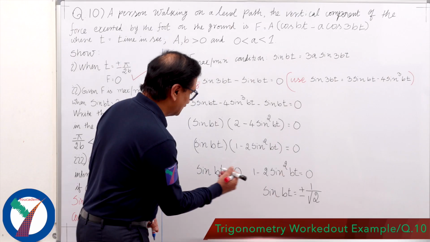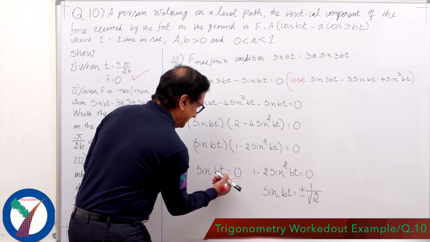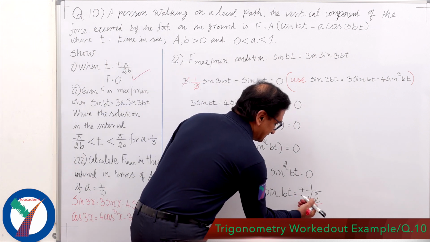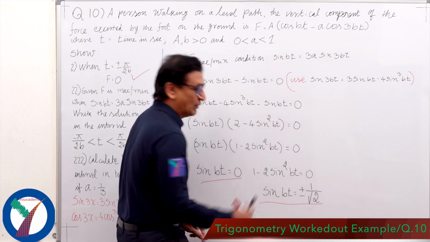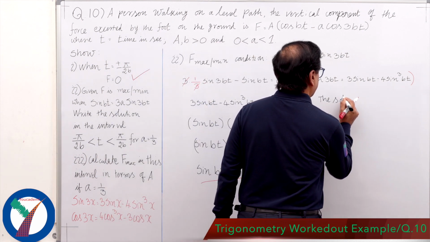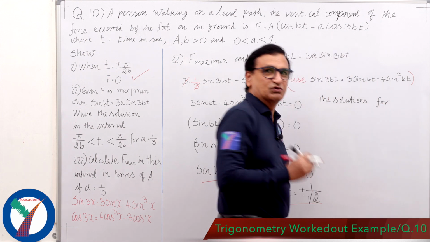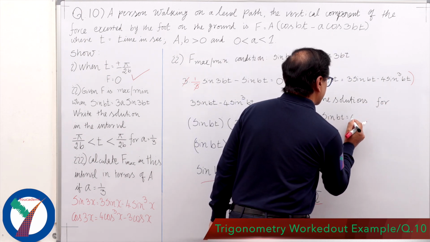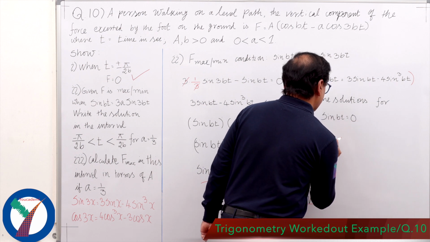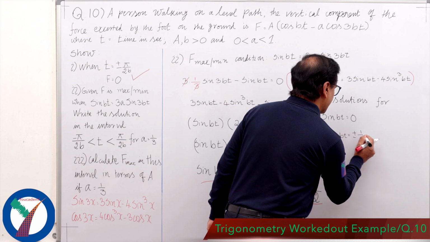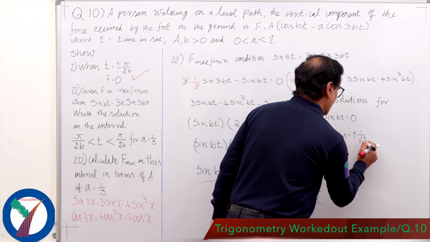Cool. So we have the solution set for sine bt equals 0 and sine bt equals plus or minus 1 divided by square root of 2.